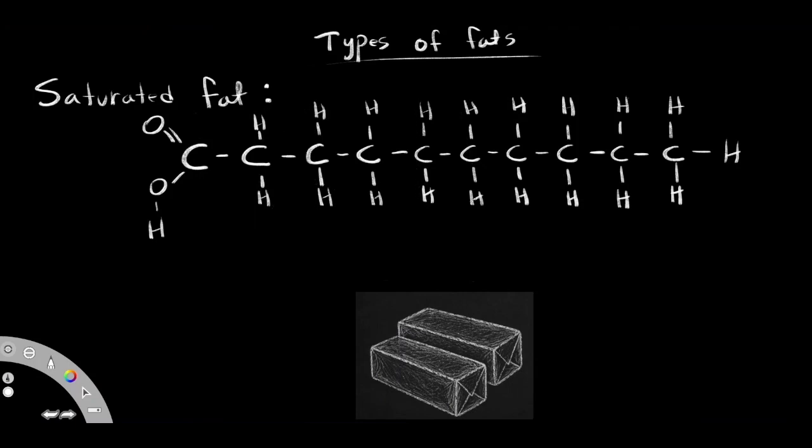The more hydrogen bonds that you have makes it more difficult for it to break down. So this is why saturated fat is very difficult to break down. It's very energy taxing, hence why it's not a healthy fat. Whereas with a double bond, which we'll see later on, you don't have as many hydrogen bonds. The more hydrogen bonds you have, the more solid-like they are.